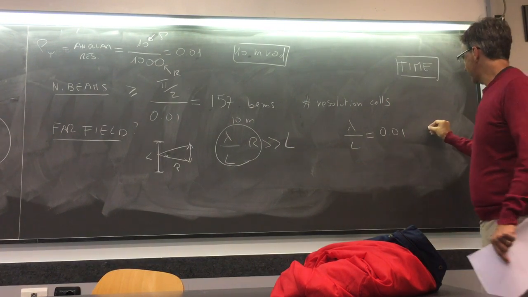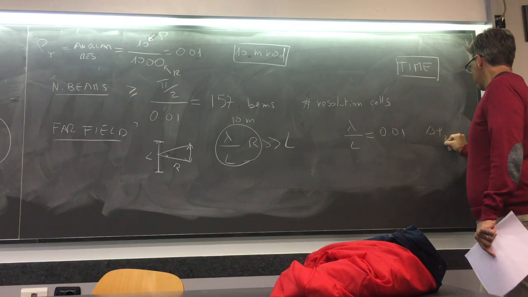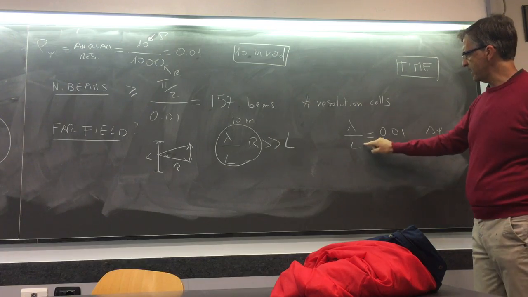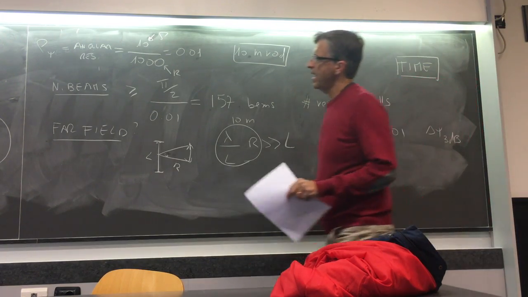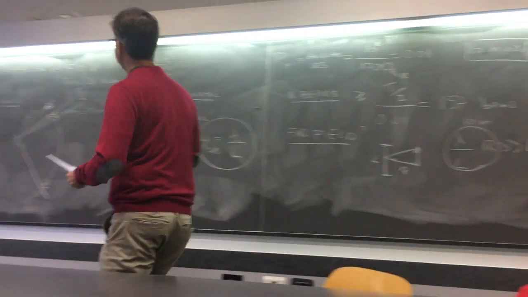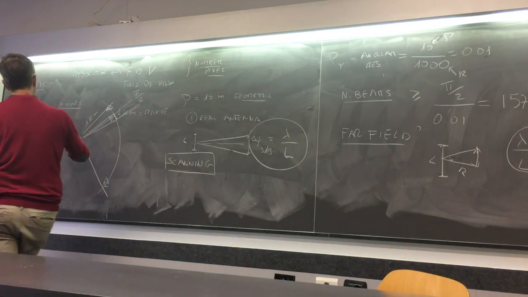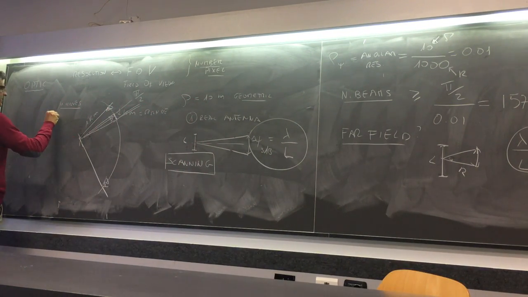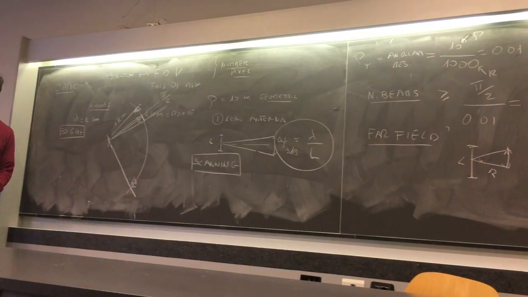That is the delta psi 3 dB. In this case, I didn't put lambda. Let us suppose it is a microwave, so let us suppose lambda equals 1 centimeter. 1 centimeter is a 30 gigahertz system, used, for example, for automotive application.